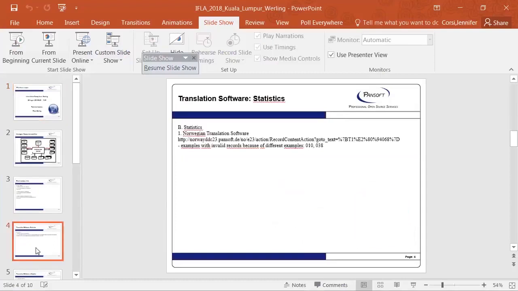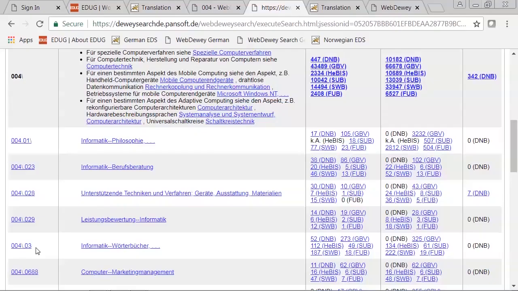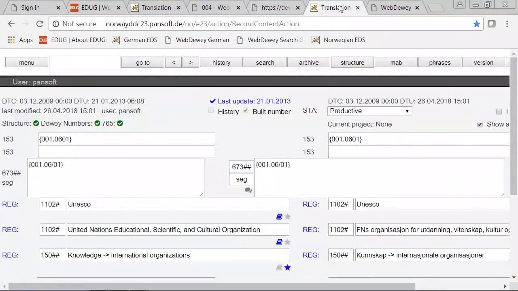The next feature I would like to show is the statistics that we introduced lately. And for this, I would like to go to the Norwegian translation software.